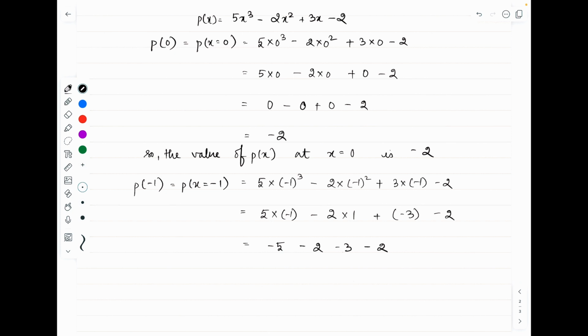Minus 7 minus 3 is minus 10. Minus 10 minus 2 is minus 12. So the value of P of x at x equals minus 1 is minus 12. Understood?